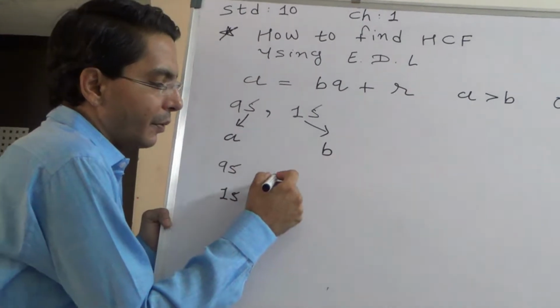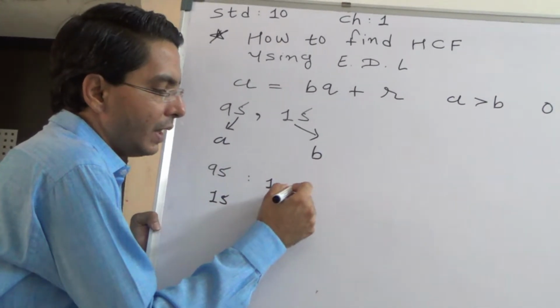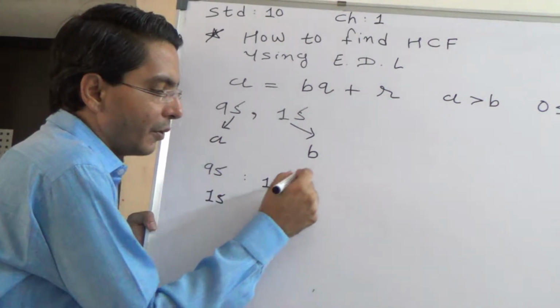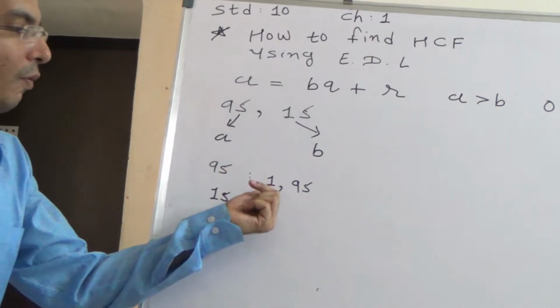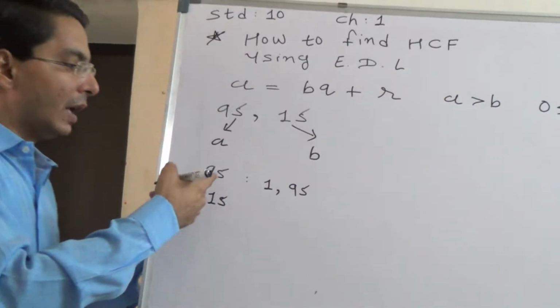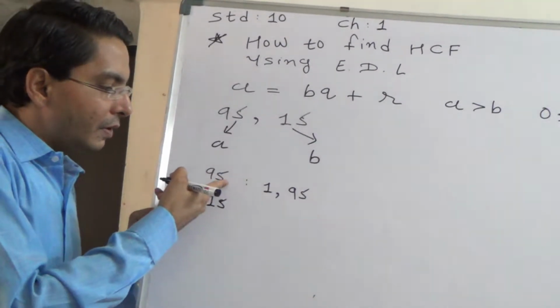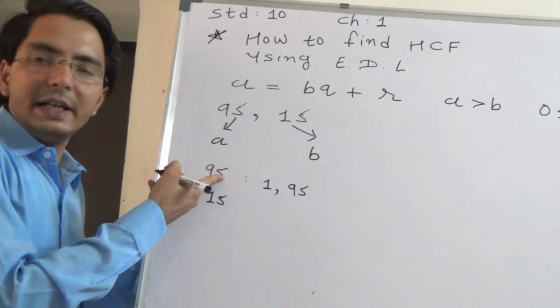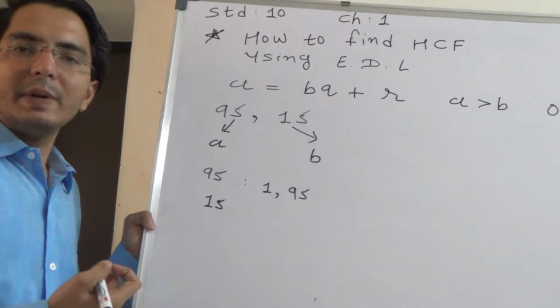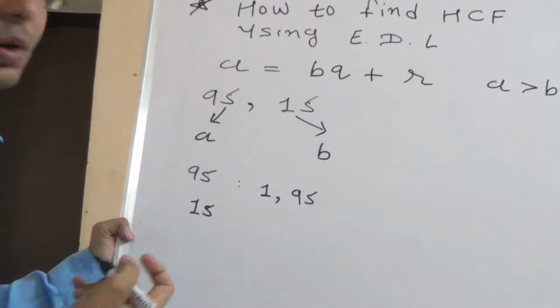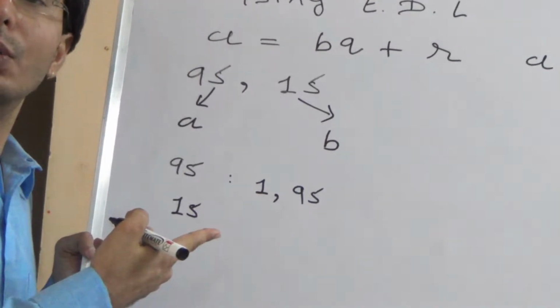So for 95, first is 1 and second is 95. Then 95's unit digit is 5, which is an odd number, so it is not divisible by 2.